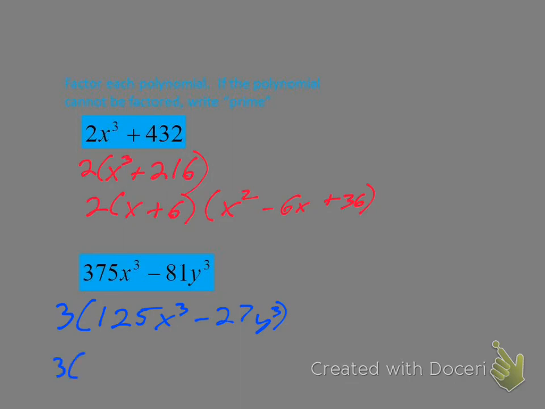So 3, parentheses 5x minus 3y, parentheses, square the first, so 25x squared, next sign is a plus, 15xy, last sign's always plus, 9y squared. Alright.